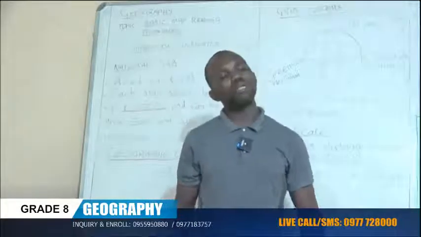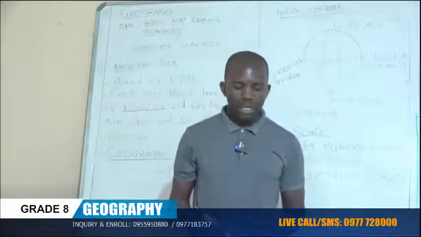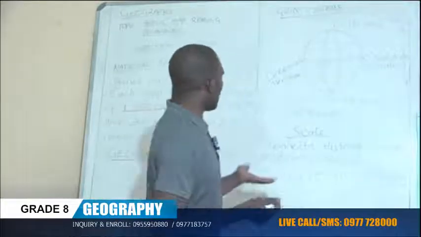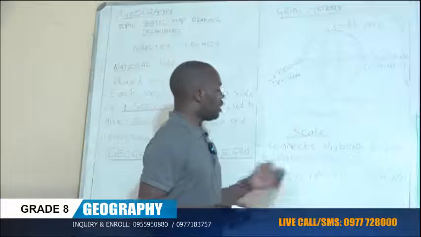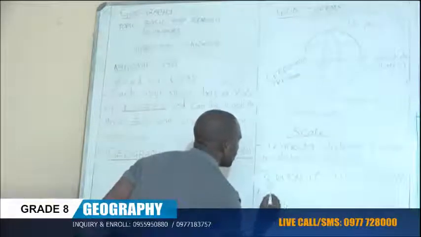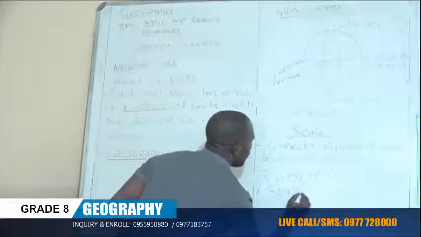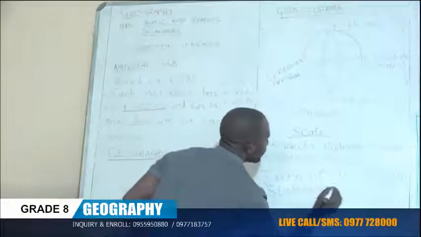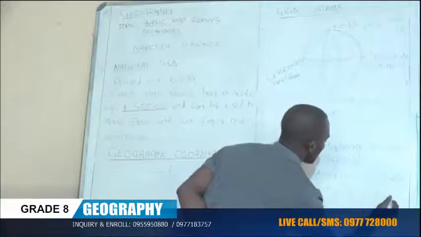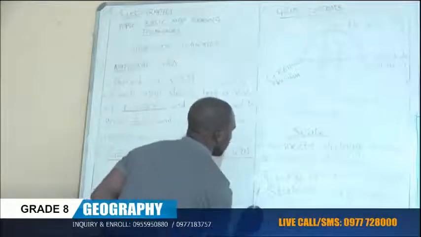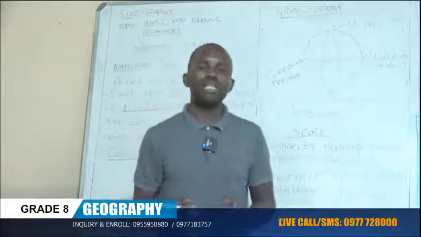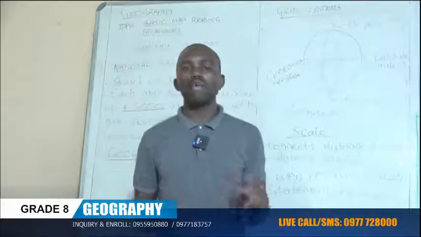Statement of scale simply uses words to describe the relationship between the map and the ground. This is the last part for today's lesson. It uses words to describe the relationship between the distance on the map and that on the ground.